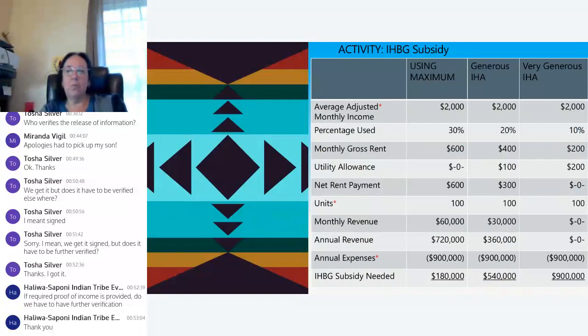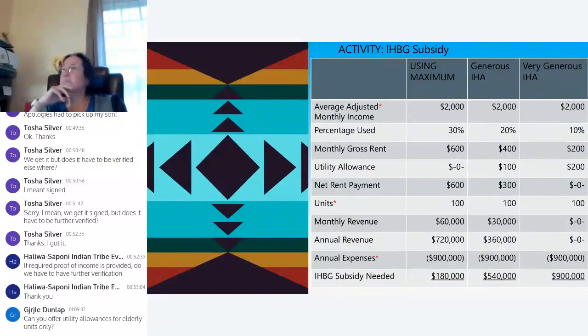So now the Housing Authority wants to build 20 more. We're going to use that same family's income, okay? $2,000 adjusted monthly income. If you charged them the maximum, 30%, which is the max you can charge them, gross rent would be $600.